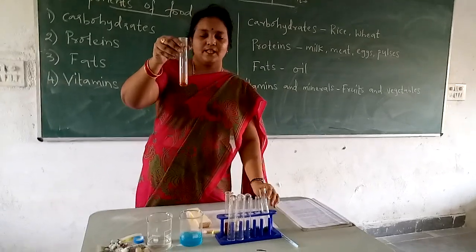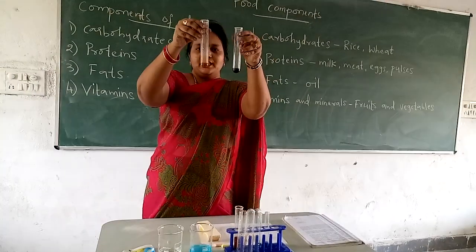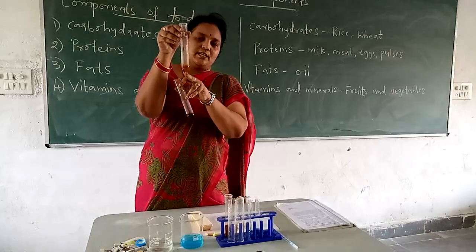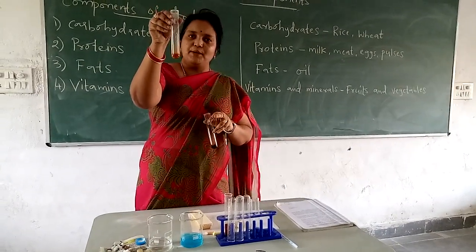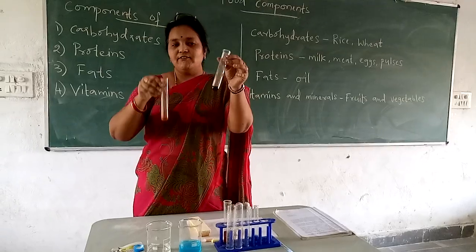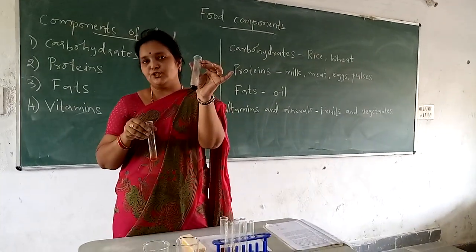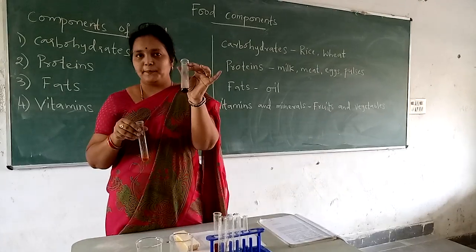See. Now compare these two colors. When I have added iodine solution to milk, you can see it is in the same brown color. And when I have added iodine solution to rice, the color has changed to dark blue.